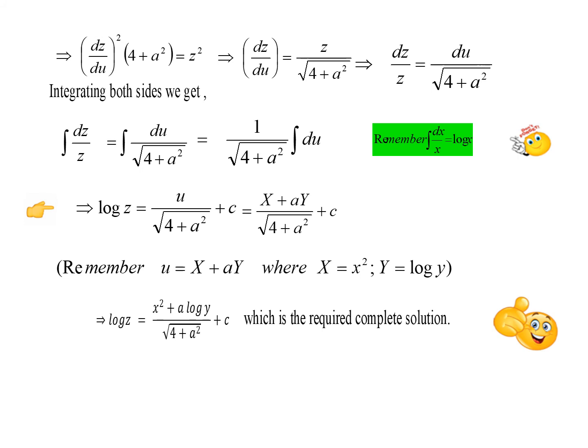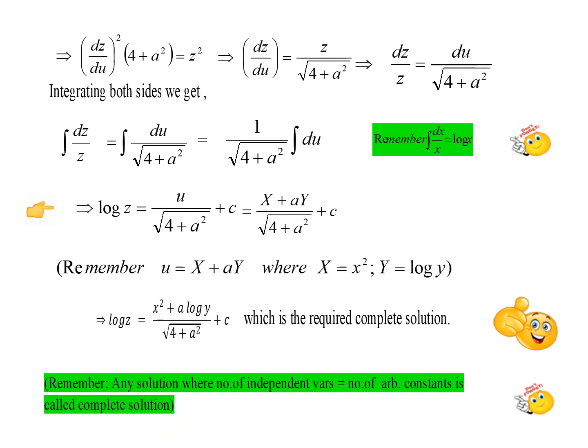Hence log z is going to be (x squared plus a into log y) divided by root of 4 plus a squared, plus c, which is going to be our final complete solution.